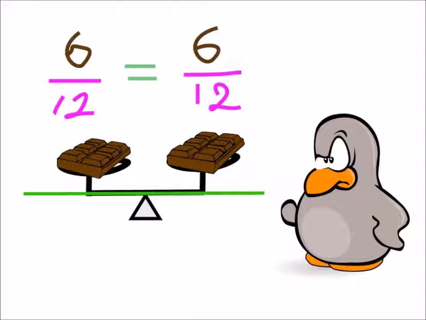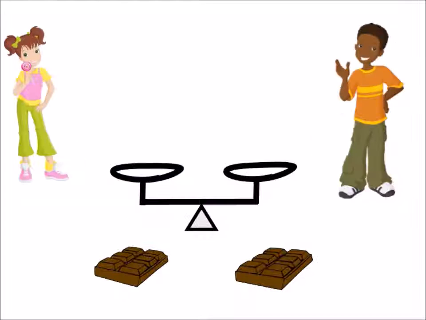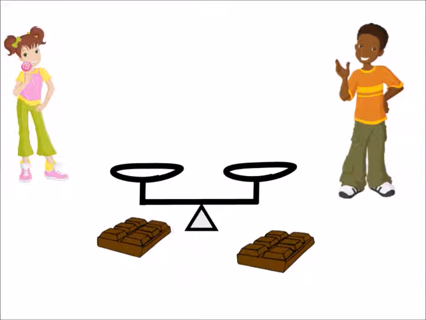We can even use numbers to show this, where 6 over 12 on one side is equal in mass to the other half, which is represented by 6 over 12. The end result of a division is all about having equality, whether that is in size or mass.